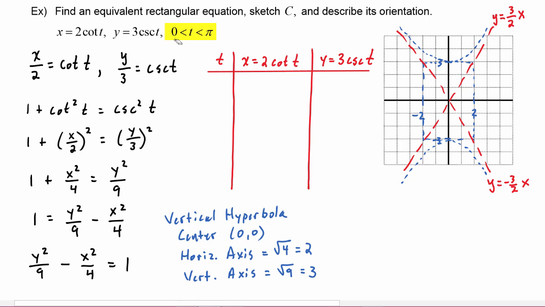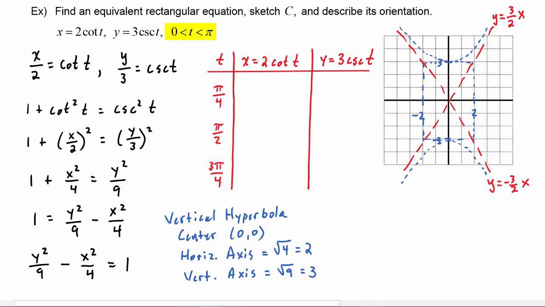Now notice that t cannot equal 0. T has to be bigger than 0. And likewise, t cannot equal pi. T has to stay less than pi. We don't know exactly how many points we'll need to plug in. Picking some fairly easy points between 0 and pi, maybe I would choose pi over 4, pi over 2, and 3 pi over 4.